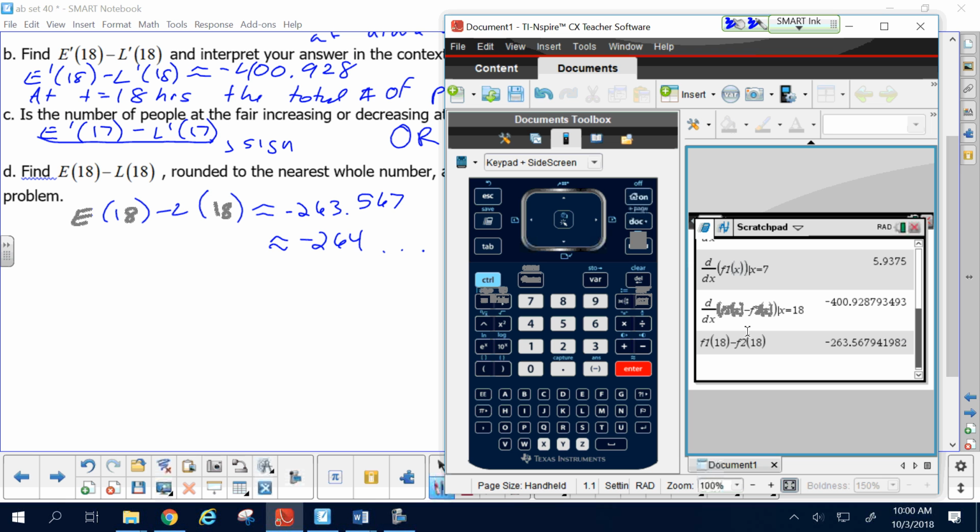Interpret that. By time equal 18 hours, what has happened? Or at time, whatever you like. 264 more people have left than enter.